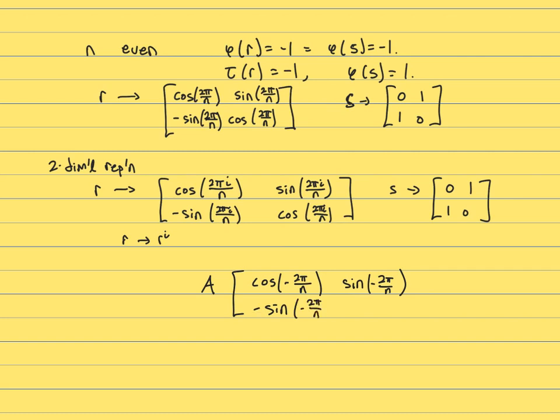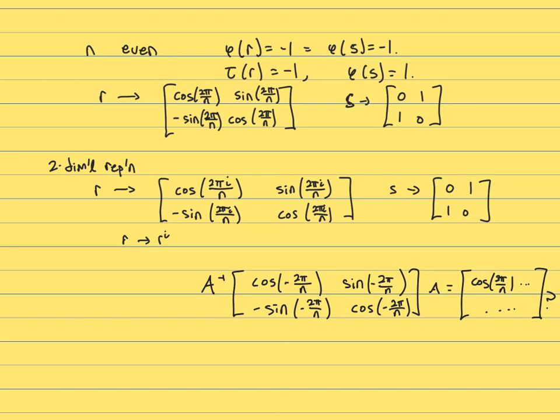Is it possible to conjugate this matrix to end up with one we had before? If you get out your trig identities, you might realize it's possible, and use your even and odd conditions.